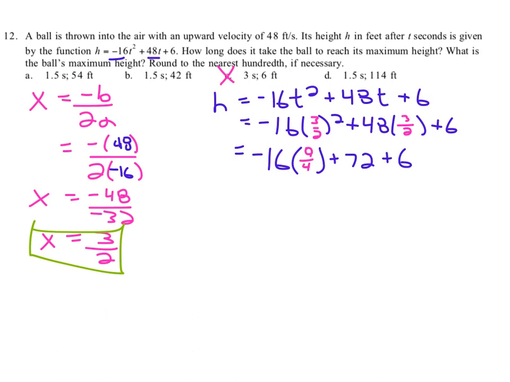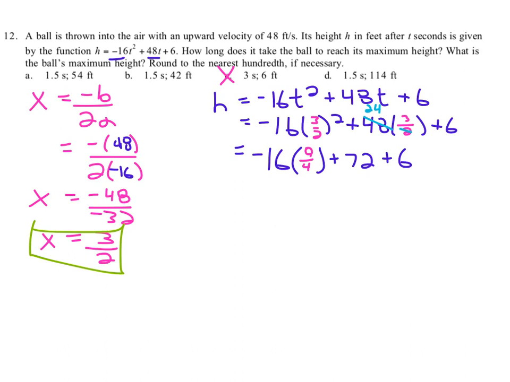Okay, how do we resolve this? Well, the negative 16, what I did up here, I canceled this and this out. Just in my mind, I said 48 and 2, they cancel out, giving us 24 here. Okay, and then I multiplied by the numerator 3 to get that 72.